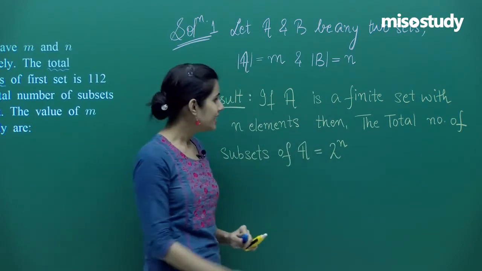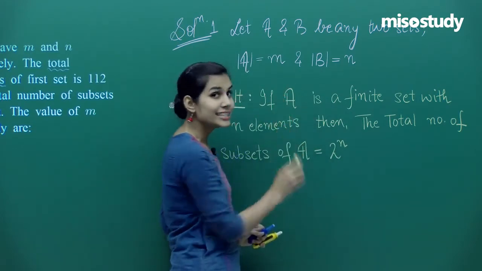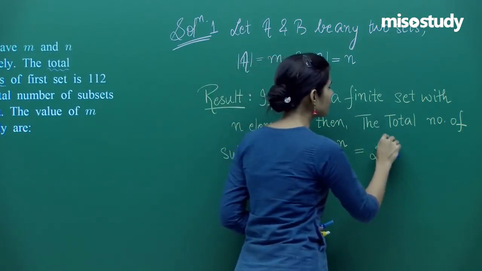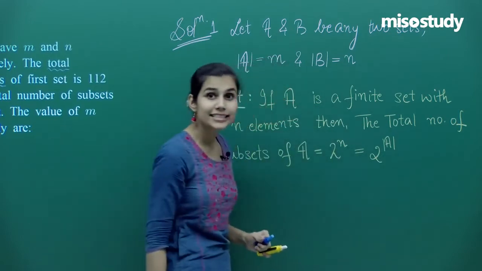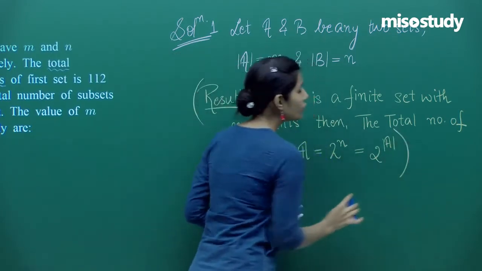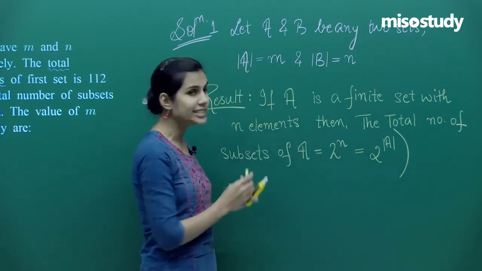What is this n? This n is the cardinality of the set A, and therefore this comes out to be 2 to the power cardinality of A. This is the very result which we have to bring in question right here.